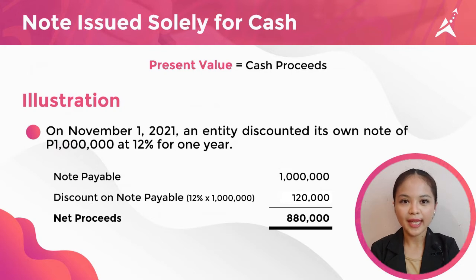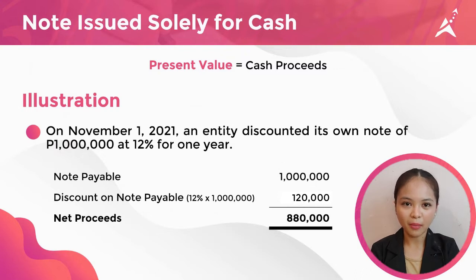For us to understand this better, let's try answering this illustration. On November 1, 2021, an entity discounted its own note of 1 million pesos at 12% for 1 year. As I have said, the present value is equal to the cash proceeds, which is the difference between note payable and the discount on note payable.